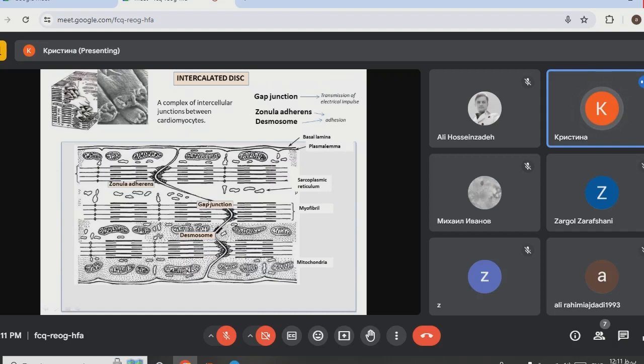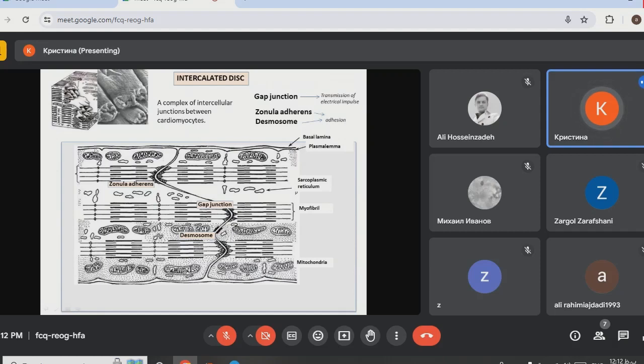Gap junctions are these areas where two membranes of cardiomyocytes come very close together to form nexuses through which ions can pass from the cytoplasm of one cardiomyocyte to the cytoplasm of the other one. So gap junctions are for communication between the cells, and here they also serve for transmission of the electrical impulse, which is needed for contraction.